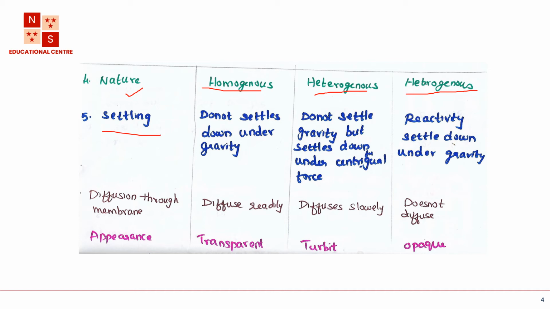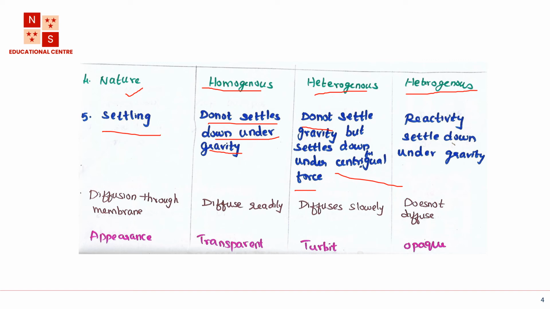Settling property. They do not settle down under gravity. The true solution will not settle, because it is completely mixed. The colloid, though heterogeneous, also does not settle, not even under centrifugation force. But the suspension will settle down.